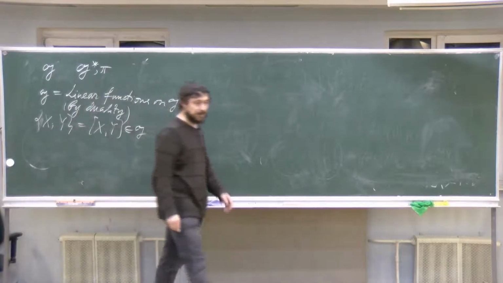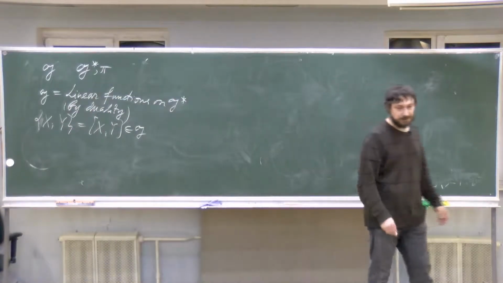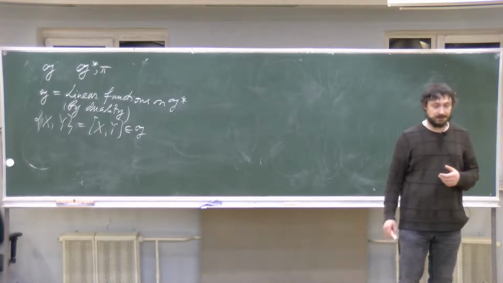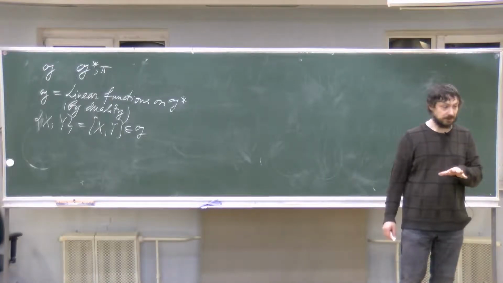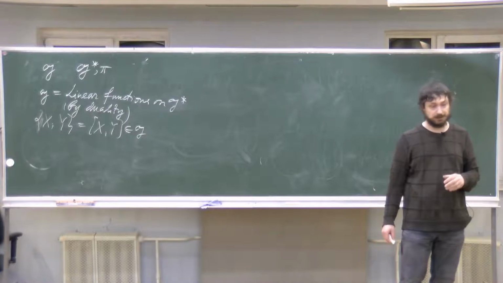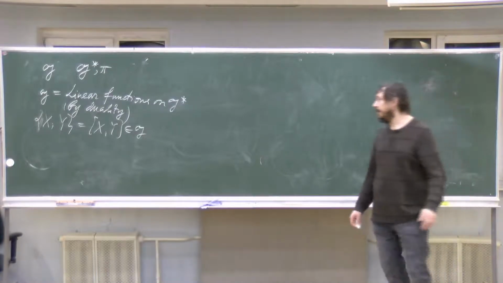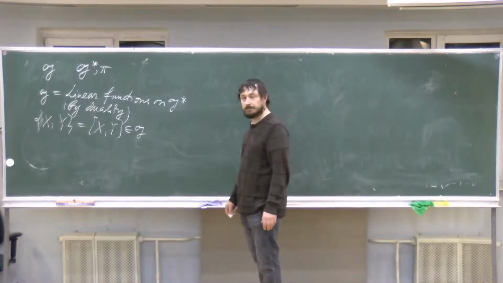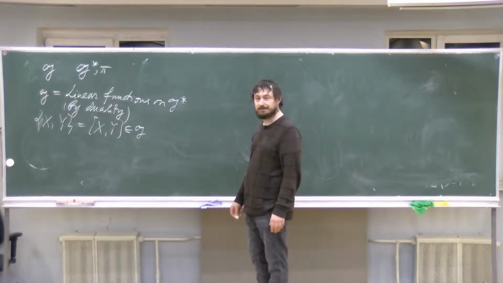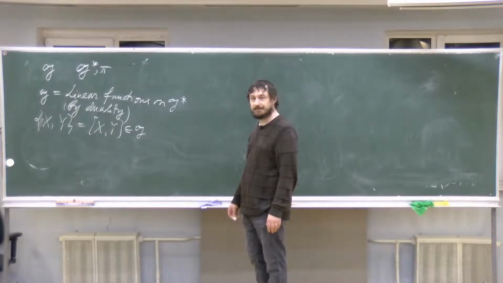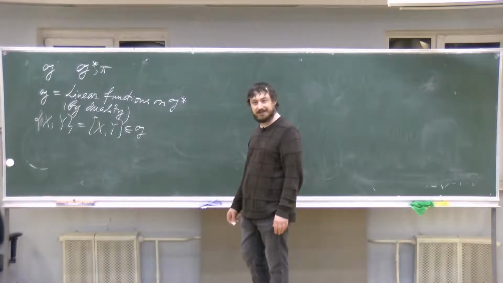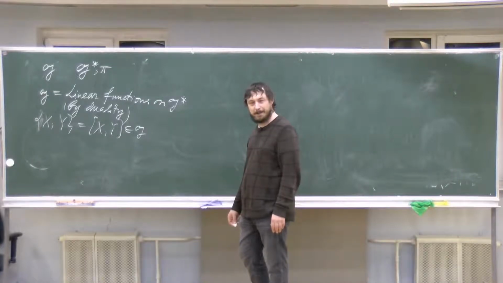Right? So you get this, and then you use the Leibniz rule to extend this construction from linear functions to any smooth functions. Actually, for smooth functions, you need to identify the tangent space of G star with G itself.